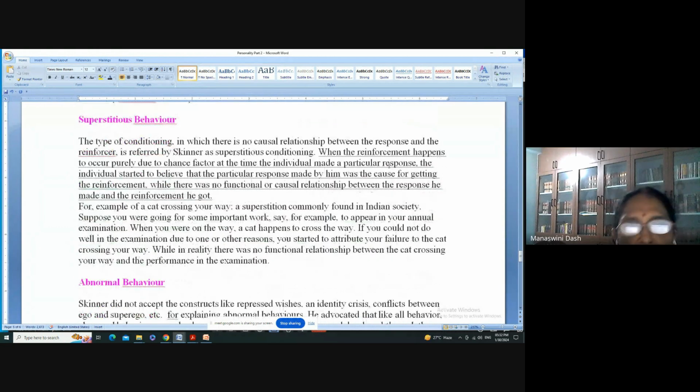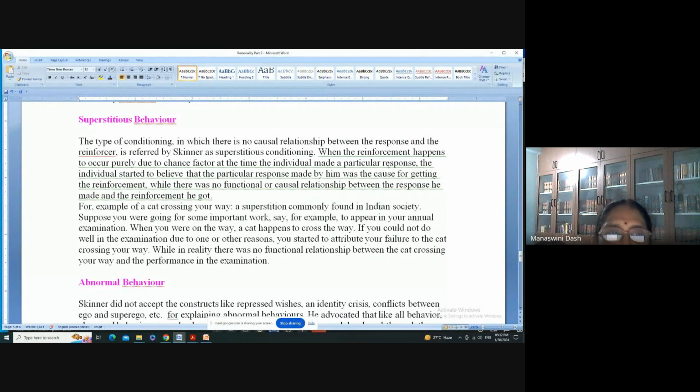Then superstitious behavior. The type of conditioning in which there is no causal relationship between the response and the reinforcer is referred to by Skinner as superstitious conditioning.